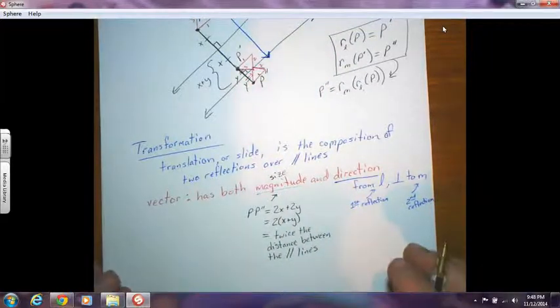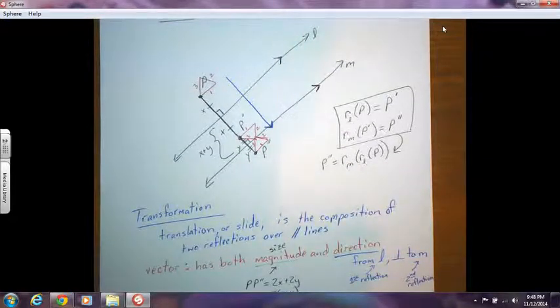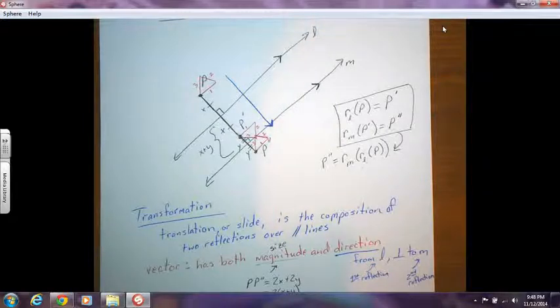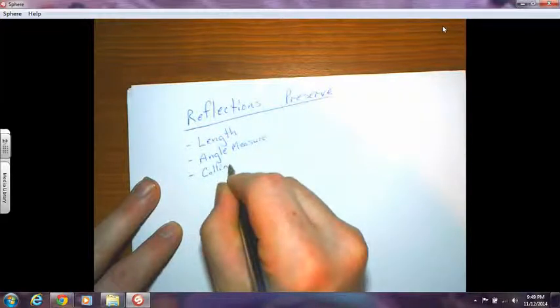So, just like you guys saw in the past, we're going to use this idea of reflection to create some new transformations. Notice that since we did two reflections, we talked about before that reflections preserve length, angle measure, collinearity, betweenness.